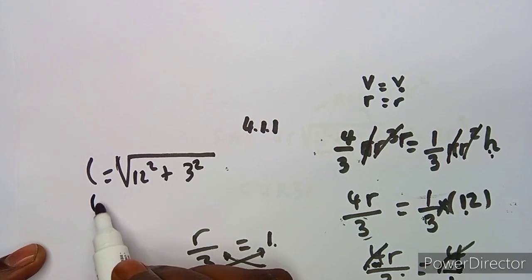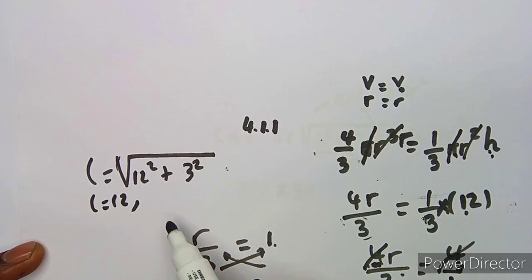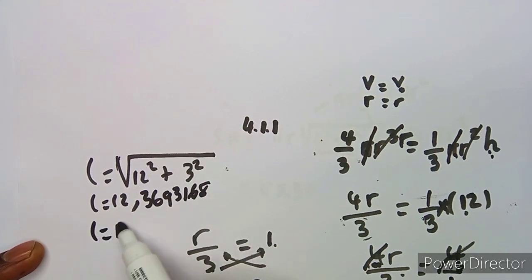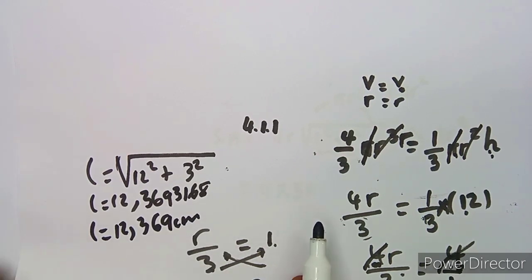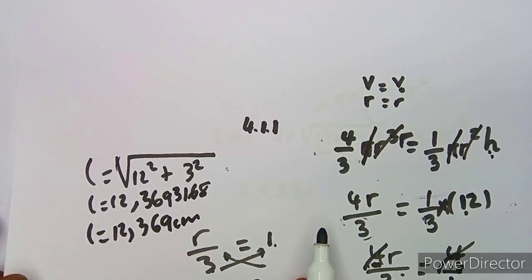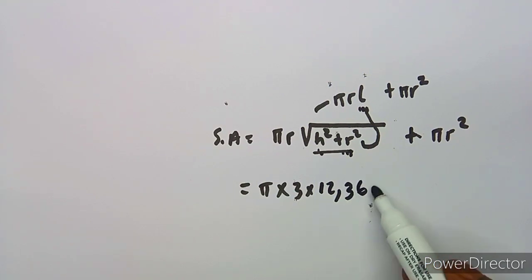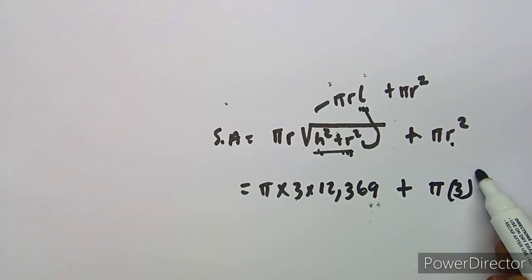So this is going to give us something like 12.369, 12.36931688, yeah, something like that, which is 12.369 centimeters. So I don't know if there's any part that we see which is not clear. Let us talk, guys, on the comment section there. So it's 12.369 like that. Okay, plus pi r squared. Remember our r is 3, so it's going to be pi times 3 squared. This is squared, not r cubed.